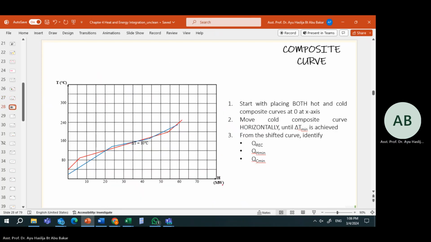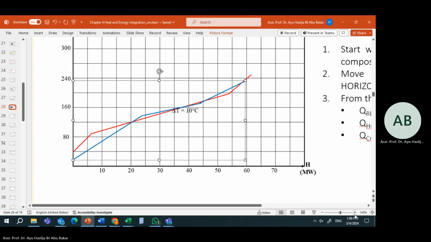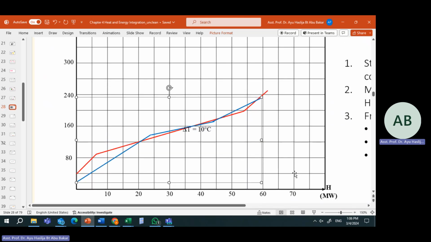The combined part is the total of 2 CP. Now, after we do the combination, plot into the same graph. Okay, the blue one here. Let me make it bigger. Now, after you combine both hot and cold streams, the next step is to find the pinch point.